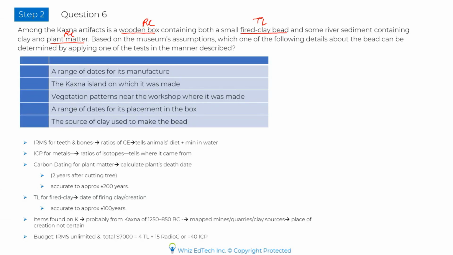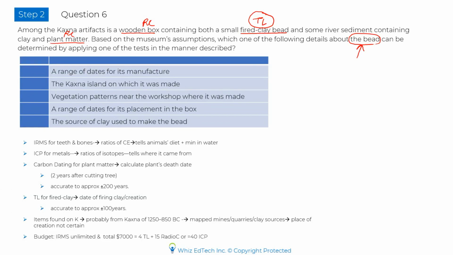Based on the museum's assumptions, which one of the following details about the bead can be determined by applying one of the tests in the manner described? Now the bead is made up of fired clay, which is tested through the TL technique. So what we have to find out is what can we know about the bead.